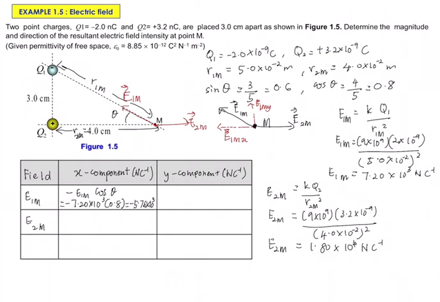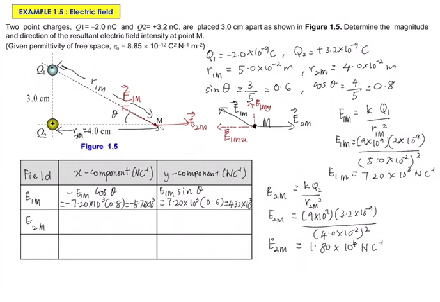E1My is E1M sin theta, 7.2 times 10 power of 3, sin theta is 0.6. So you will have 4.32 times 10 power of 3.